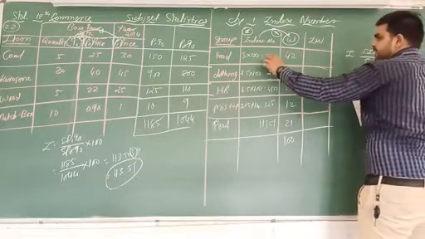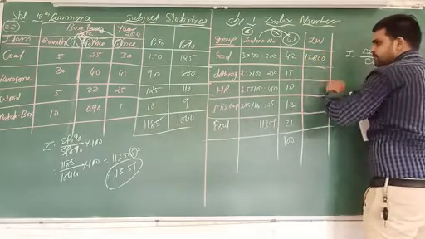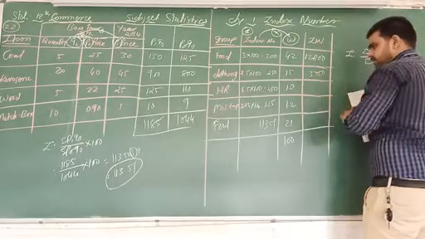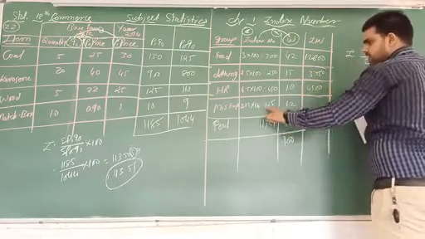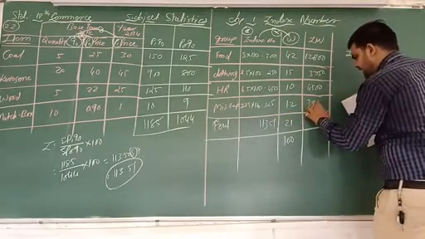Number 1, 300 into 42, that is 12,600. 250 into 15, 3750. 450 into 10, 4500. 325 into 12, that is 3900.